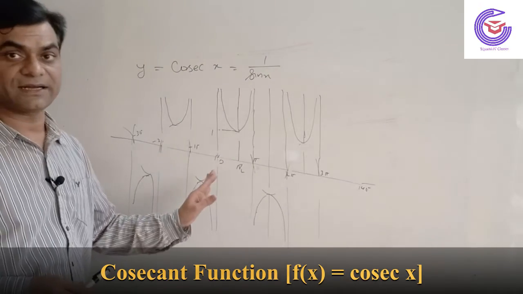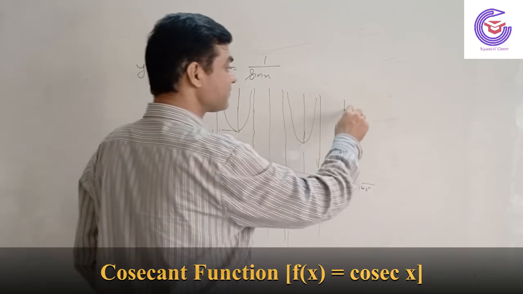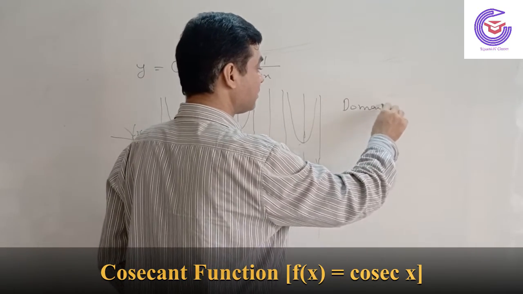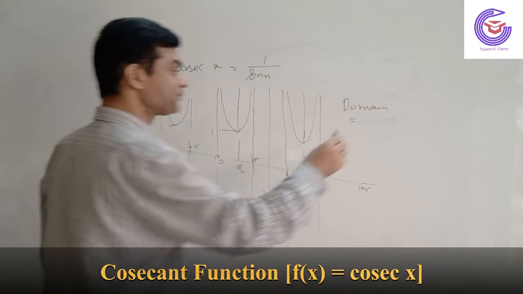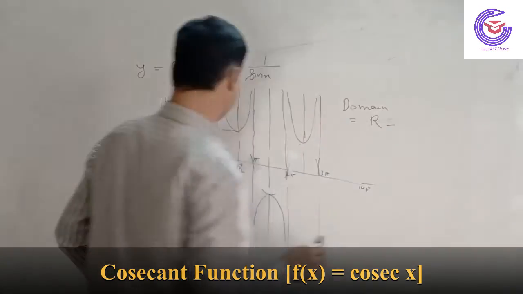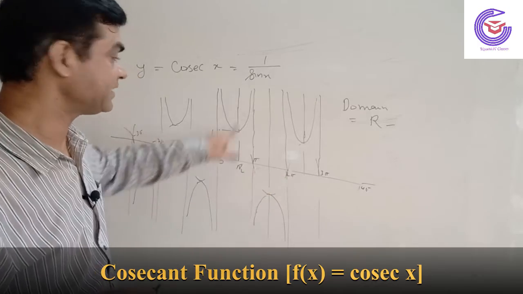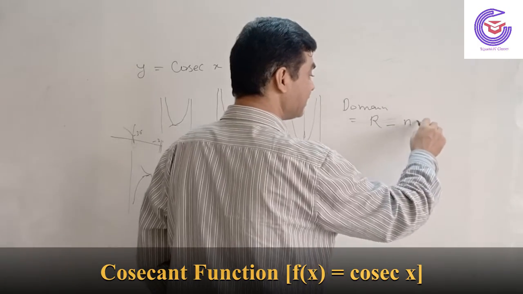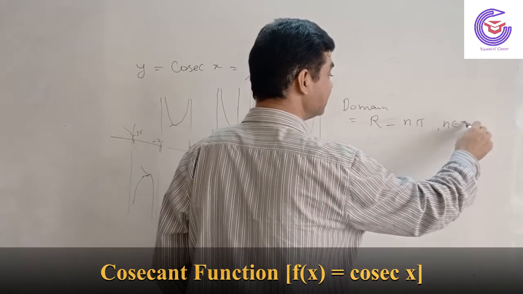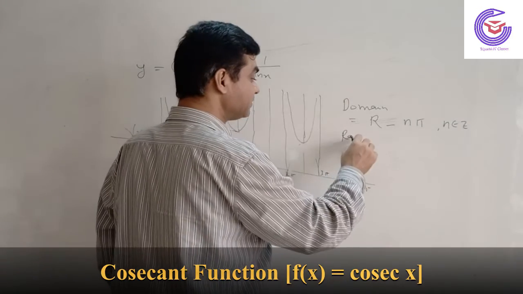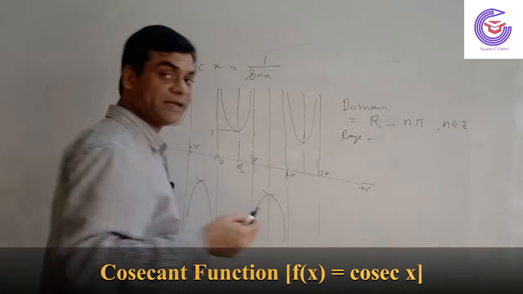Now just looking at the graph, let's find out the domain. The domain of this function is real numbers minus, you have to exclude the values 0, pi, 2 pi, because the function is not defined there. So R minus n pi, where n is an integer. This is the domain. Range, what is the value of y?